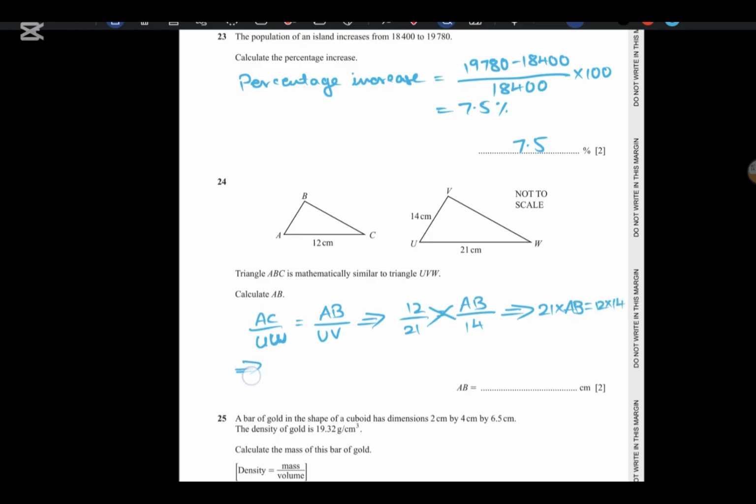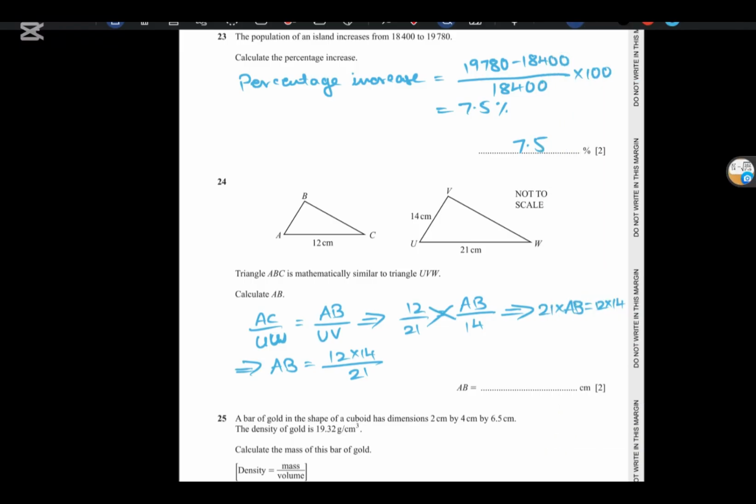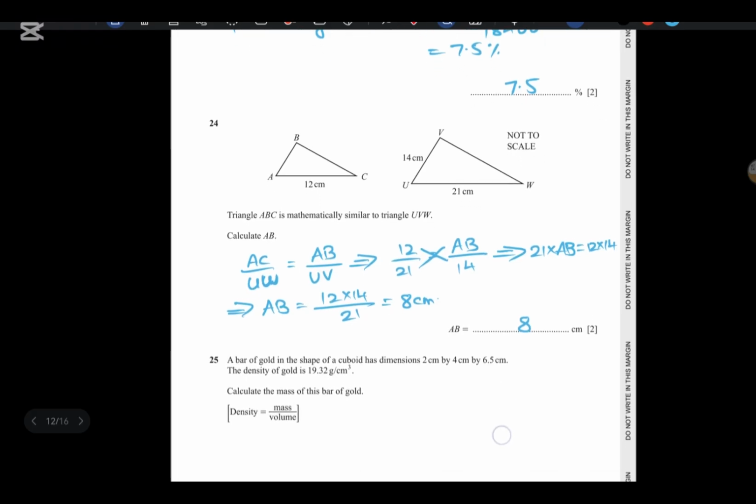So this gives AB is equal to, bringing 21 on the other side, 12 into 14 divided by 21. 12 into 14 by 21 is 8, is equal to 8 centimeters. 8 is the answer. Question 24 is done. Question 25.